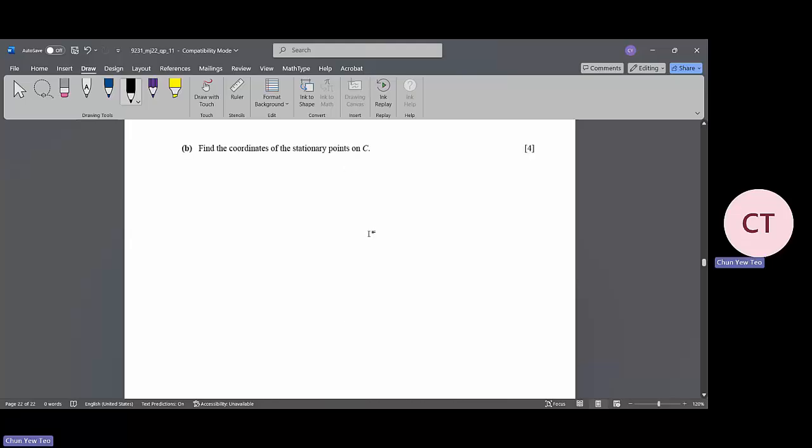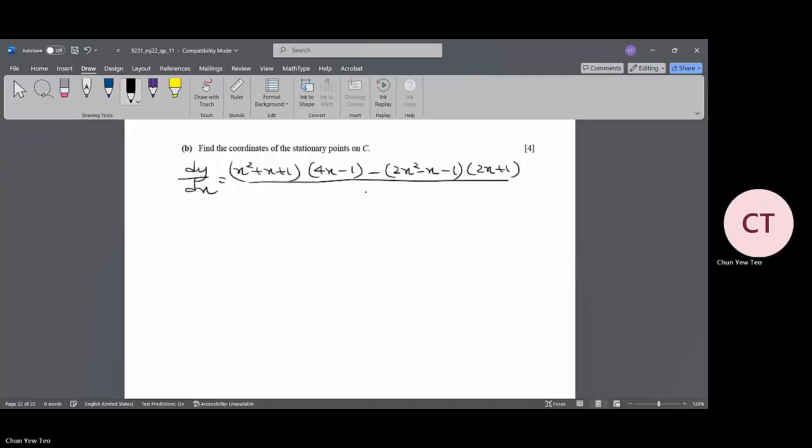Find the coordinates of the stationary point. For the stationary point, we usually differentiate dy/dx. Keep the bottom, differentiate the top, minus keep the top, differentiate the bottom, divided by the bottom squared.